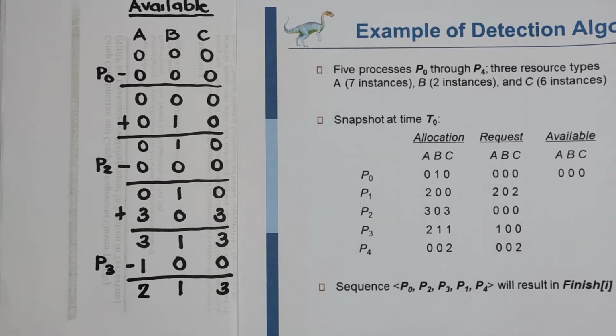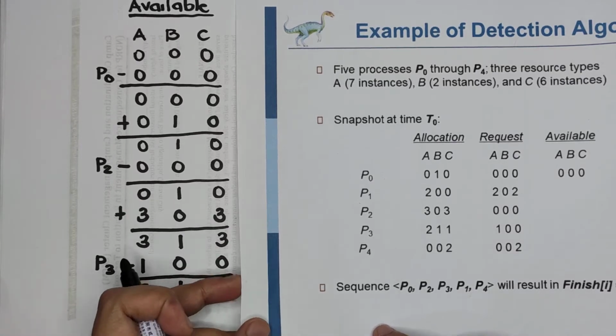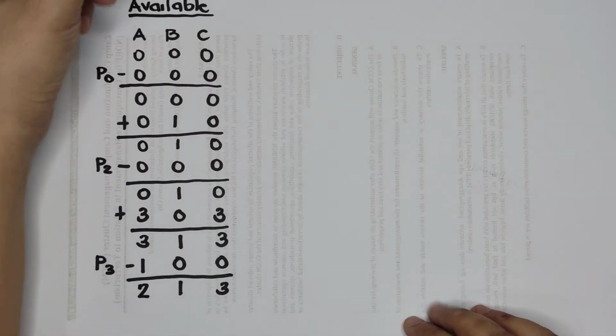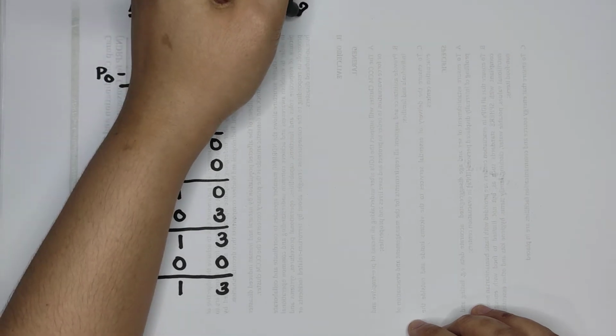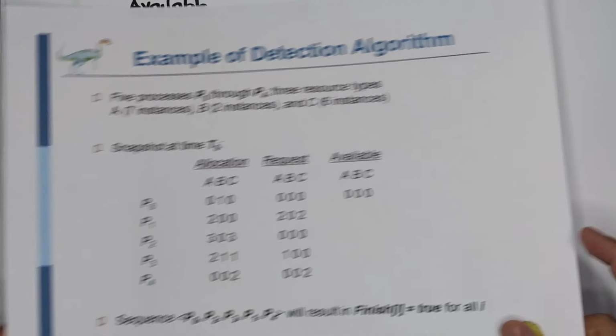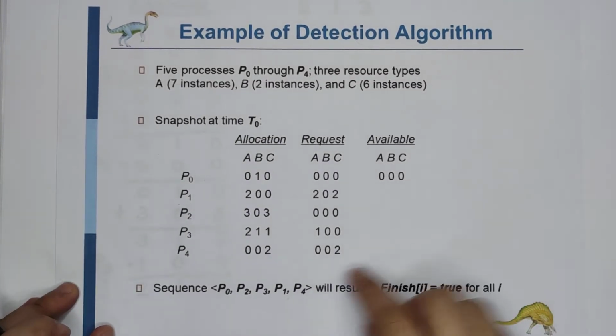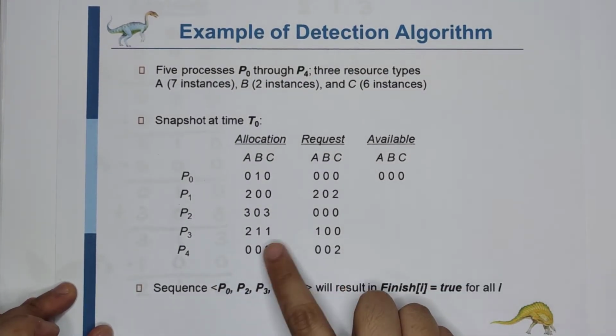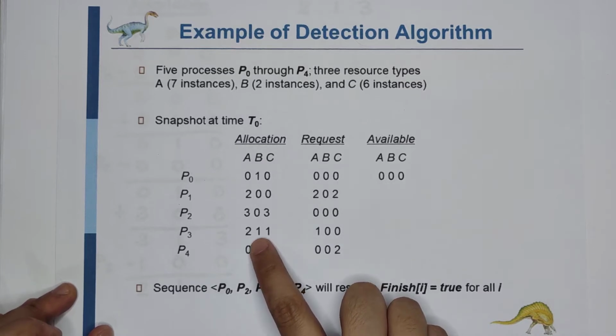Then we need to return the allocated values once P sub 3 has finished execution. So let me rewrite again: 2, 1, 3, and then P sub 3's allocation to be returned, we have to add.